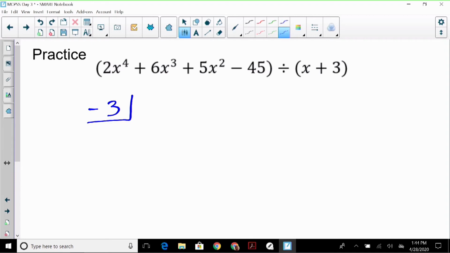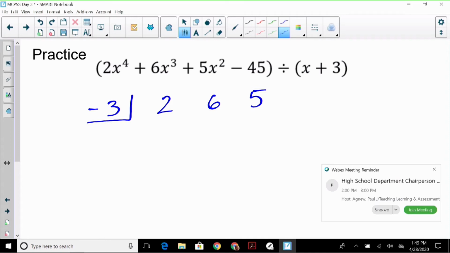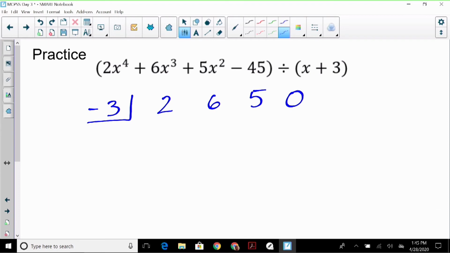So let's go through all my powers. 2x to the fourth power. 6x to the third power. 5x to the second power. There is no x to the first power, so it's understood to be 0. And negative 45.